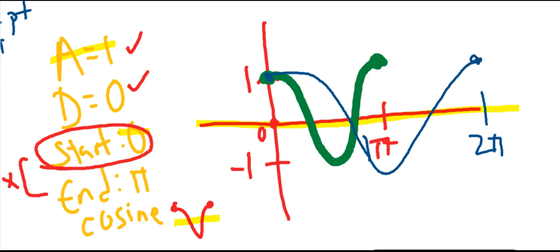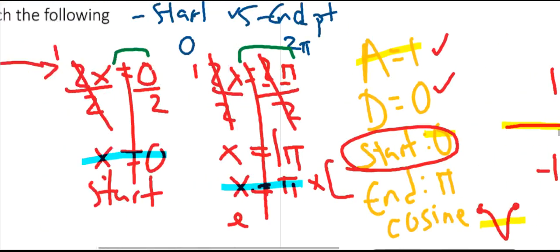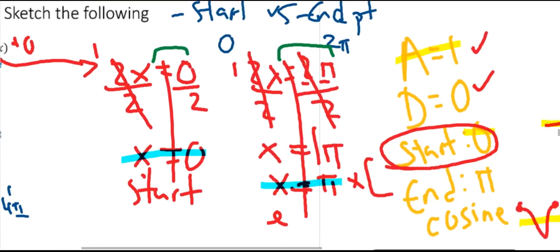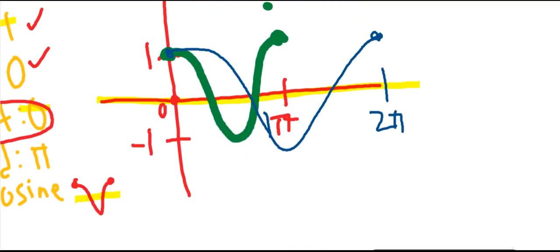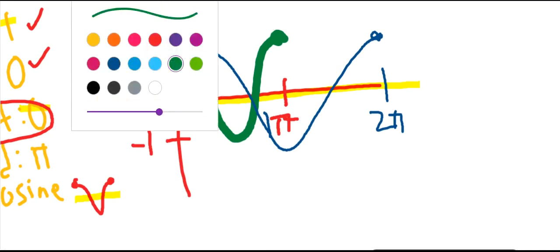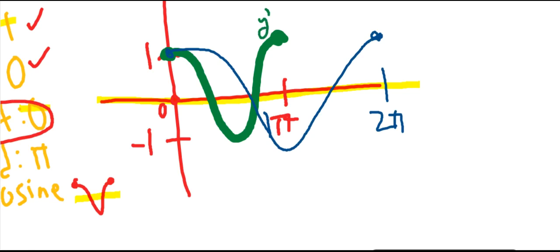So let's go ahead and really think about what's going on here, okay? Let me see if I can remember. G of x. We called this G of x. So the green one is going to be called G of x because that's the graph that it's representing.